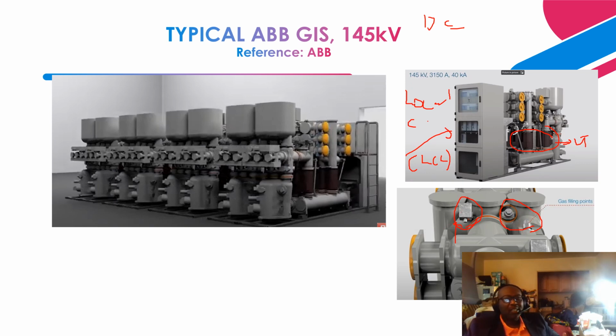That itself tells you how easy it helps with installation on these GIS modules. Over here is where the circuit breaker is located, right? Here is where the circuit breaker module is located.